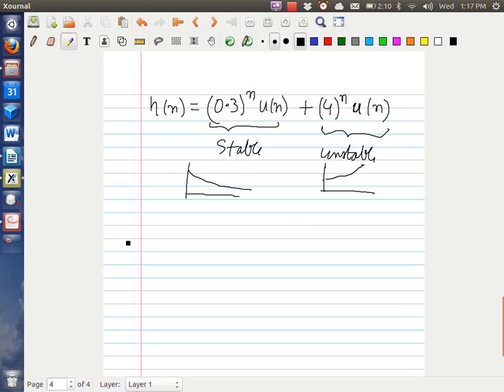And when you take the z transforms, what are the z transforms going to look like? This would give you, again, a to the n u of n, 1 over 1 minus a z inverse, z greater than a. So this would give you 1 over 1 minus 0.3 z inverse.